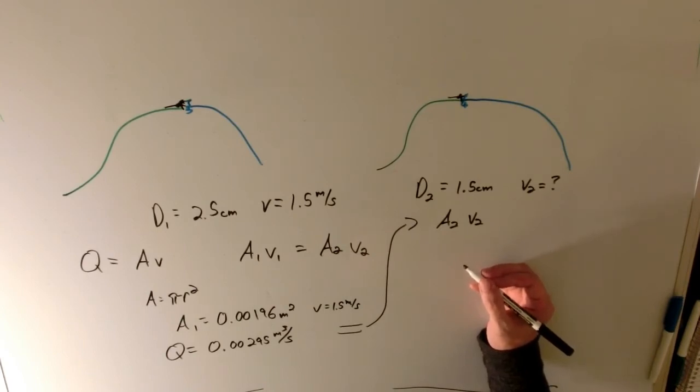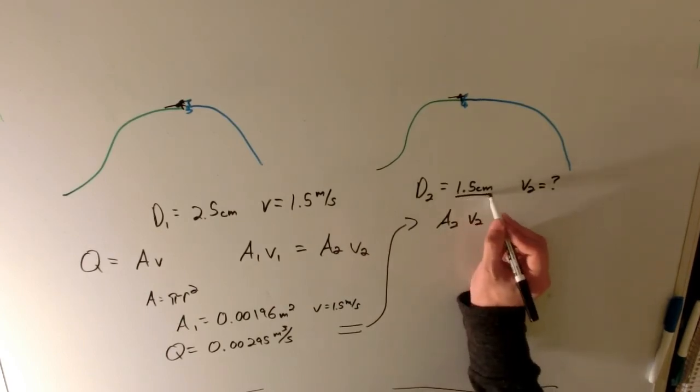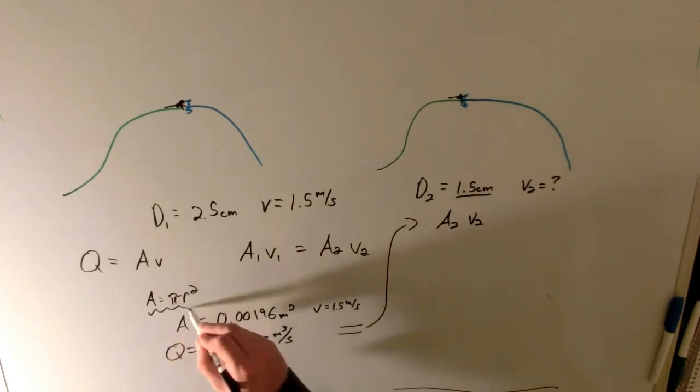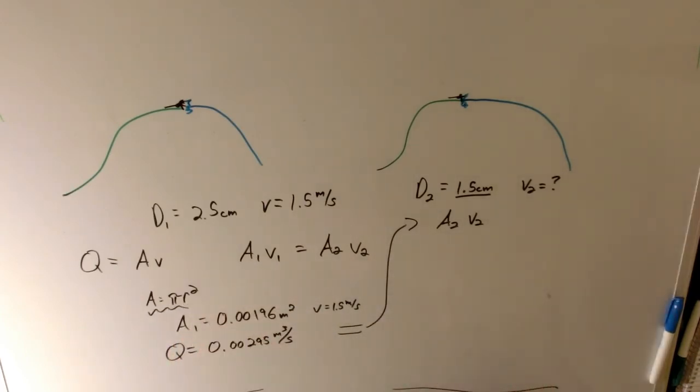For area 2, I use this diameter, divide by 2 to get my radius, and convert that into meters. Then I'll use it in pi r squared for the area of a circle. Even though my thumb's blocking it, we're going to give it an effective area pretty close to what the opening is, and we're just going to estimate it, describing it as a circle.